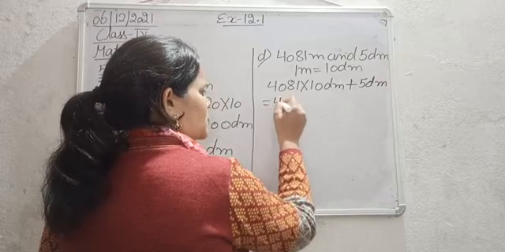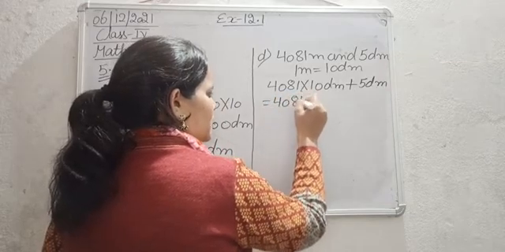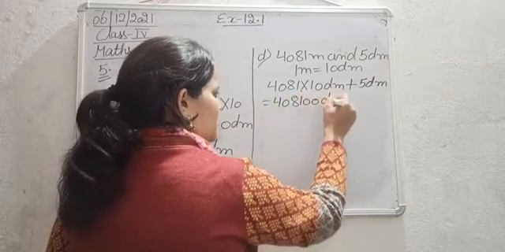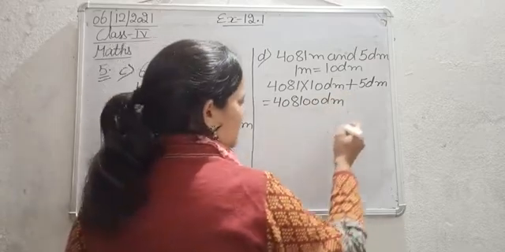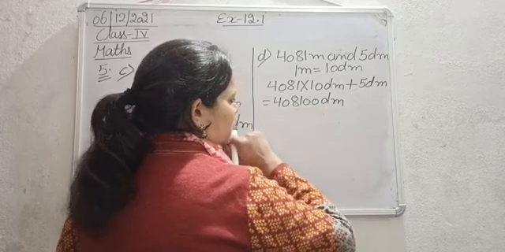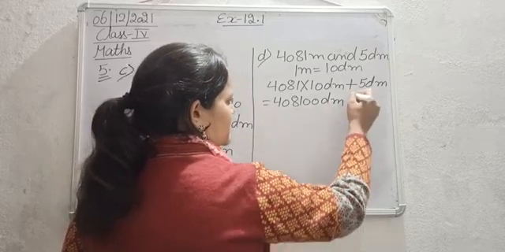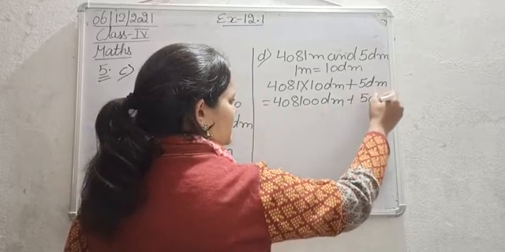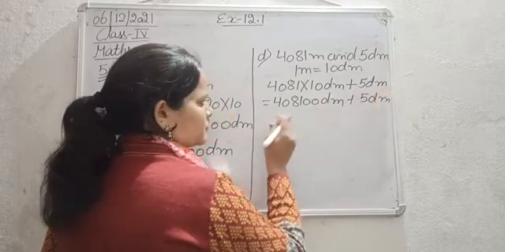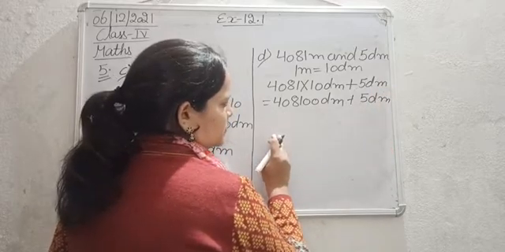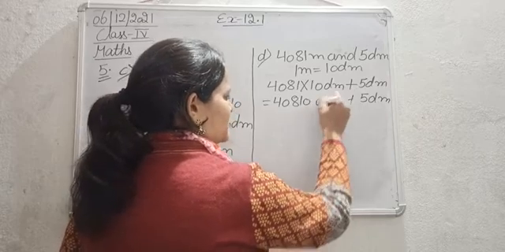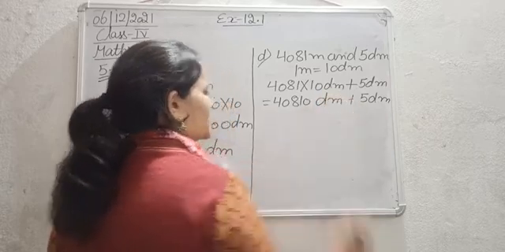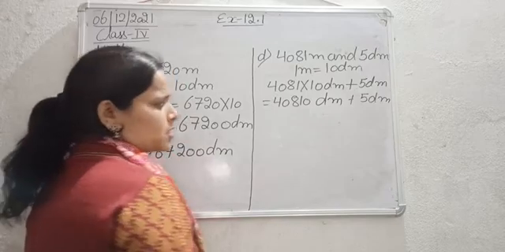So this is 40,810 decimeter plus 5 decimeter. Sorry, this is not 100, here it will be 10. So this is 40,810 decimeter.